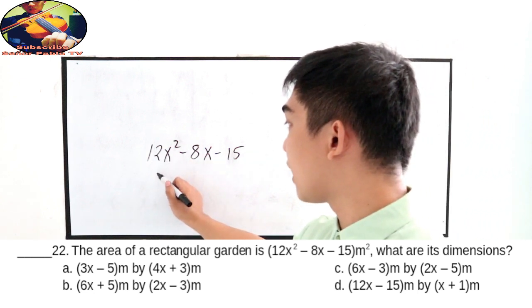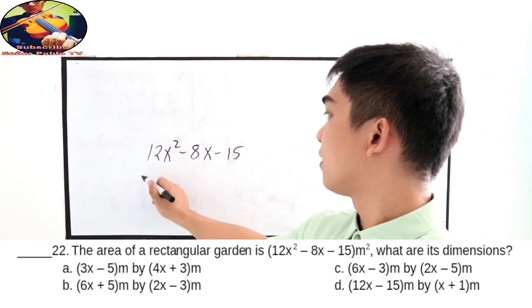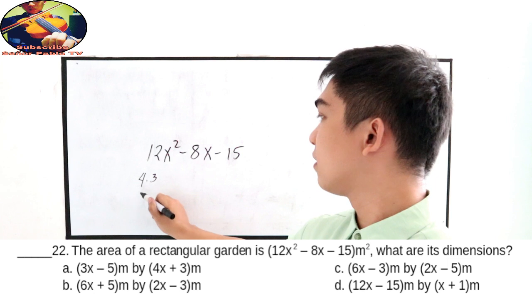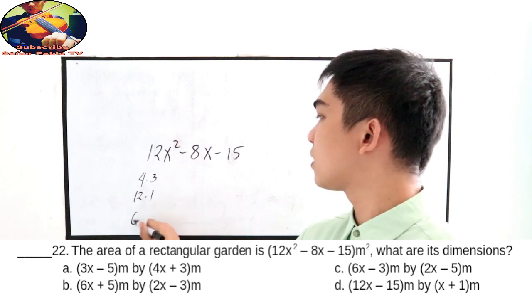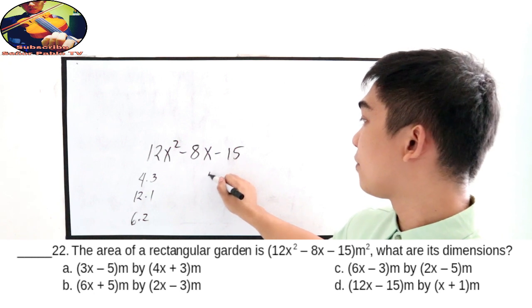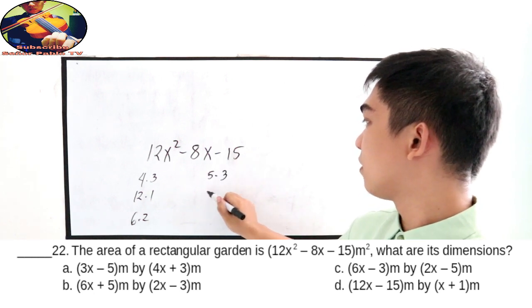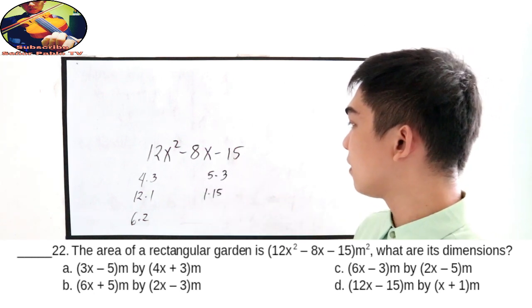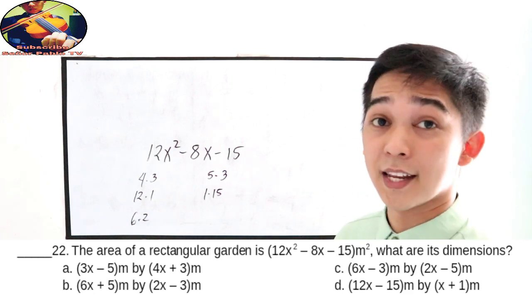Factors of 12 can be 4 times 3, 12 times 1, 6 times 2. Kay 15 naman, 5 times 3, 1 times 15. Meron pa ba? Wala na.